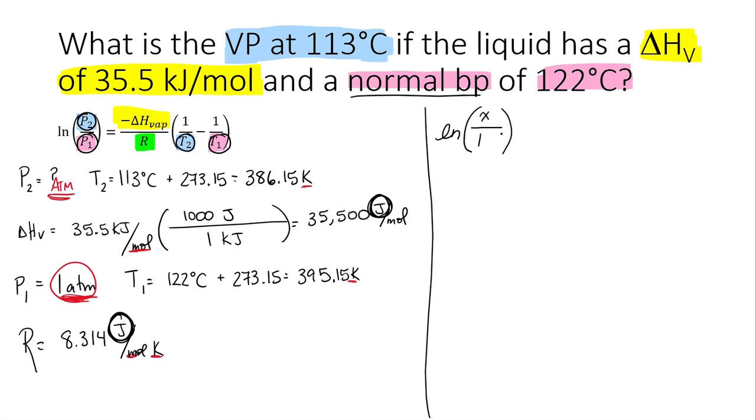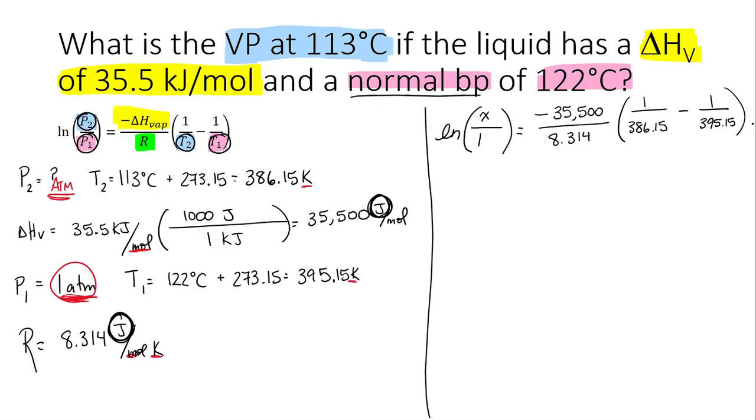So we have the natural logarithm of X, that's what we're solving for, divided by 1 atmosphere equals negative 35,500 divided by 8.314 times 1 over T2, that's at 113, so 386.15, minus 1 over T1, 395.15.